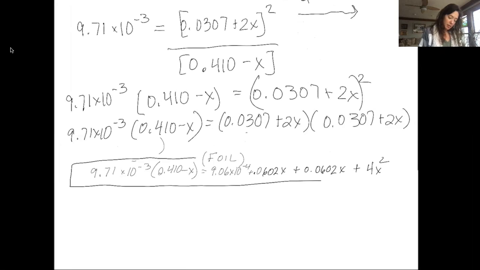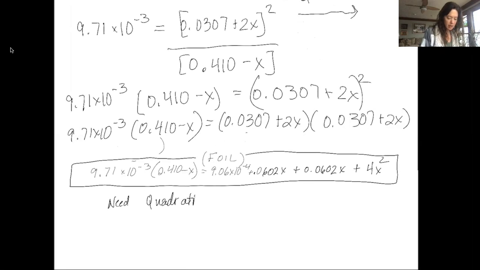Now, this is a problem, right? It's not really, but what do we need here? We will need the quadratic equation. By the time we continue to simplify this, we're going to have x's, x squareds, and numbers. Now, Miss Murphy is not going to use the quadratic equation. I know how, because I have practiced it.